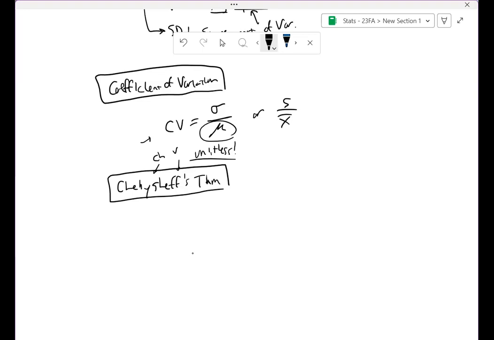So Chebyshev's theorem says the following. For any data set, the following is true.